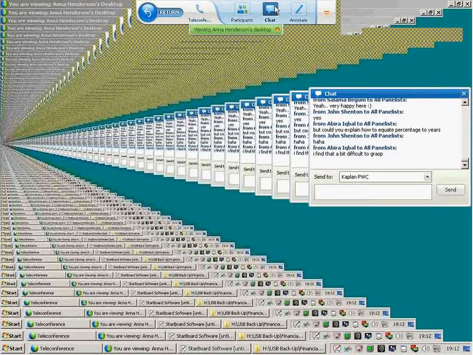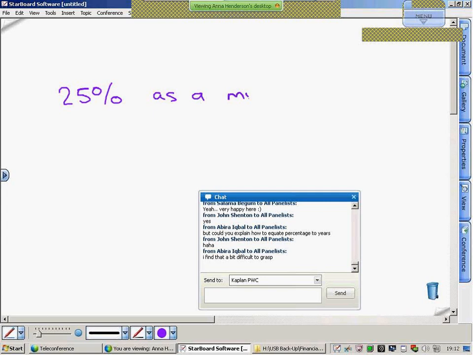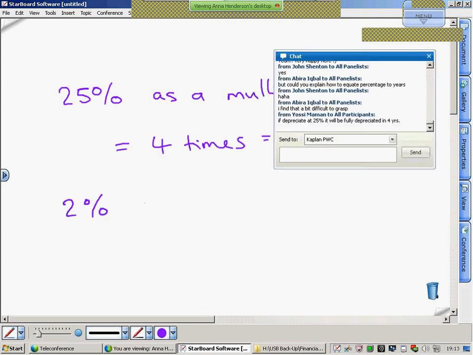If you think about 25%, as of 100%, you can put 25% into 100% 4 times. 2%, 2% in 100% is 50 times, its years.